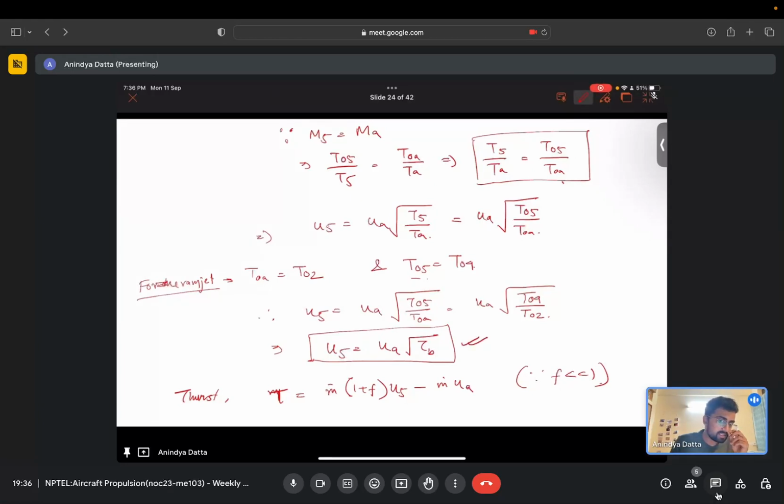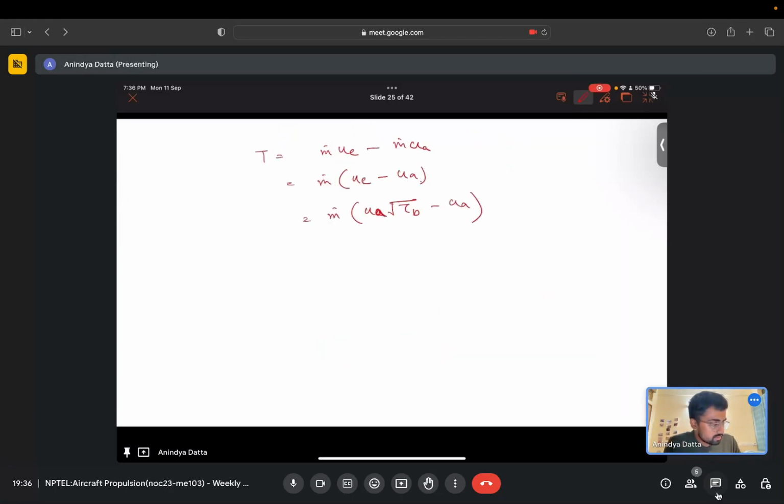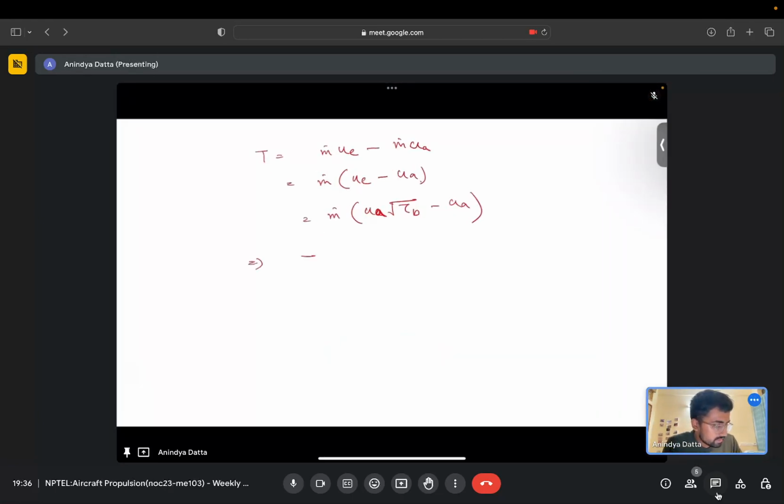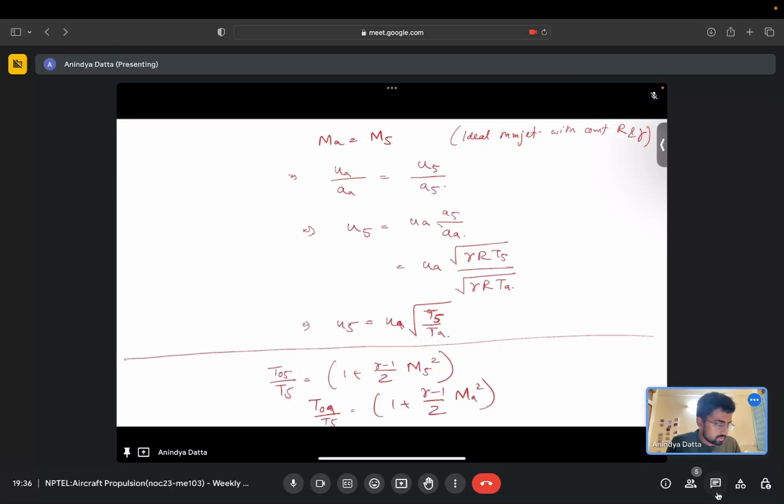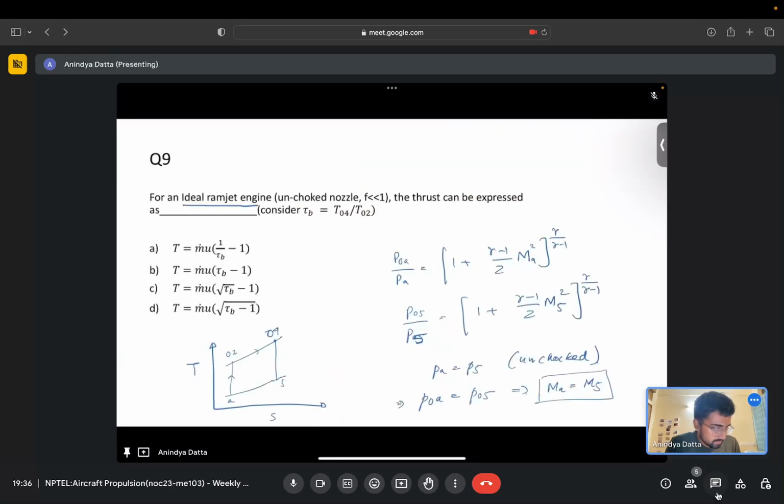The exit velocity is equal to the inlet velocity times square root of this temperature ratio, stagnation temperature ratio across the combustion chamber. All right, so we are invoking that. Okay, so now if we take UA common, this will be equal to m dot A UA times (square root of tau b minus 1). Okay, so this is our answer, which is option C.